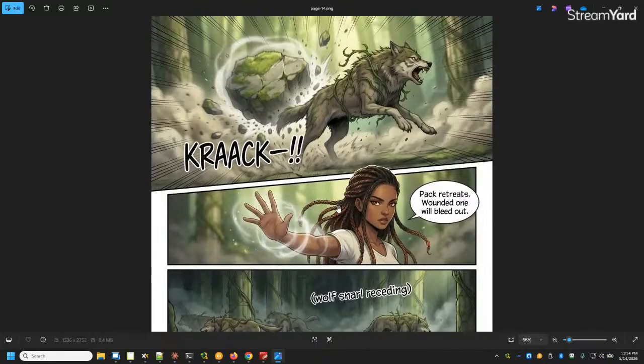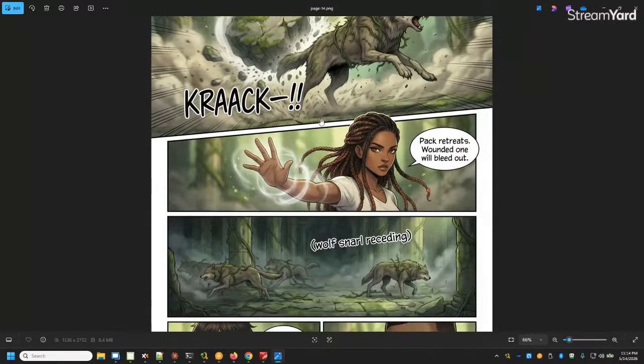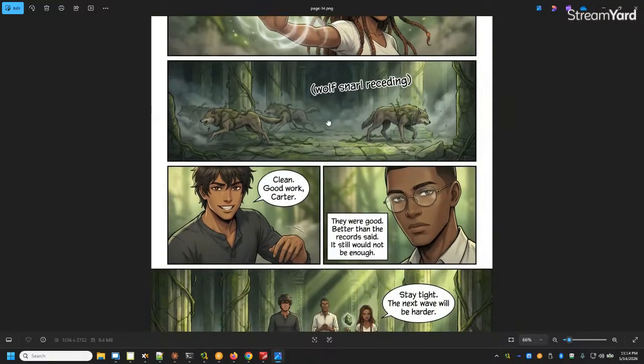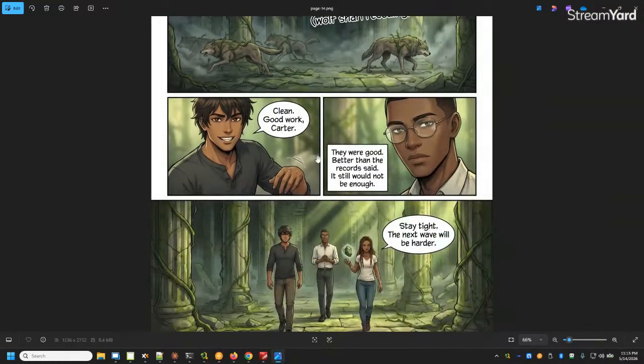All right, and then the wolf is getting, I guess, hit from the rocks as they scatter. Pack retreats, 1-1 will bleed out. And Andre has turned into Miguel again. Good work, clean, good work, Carter.